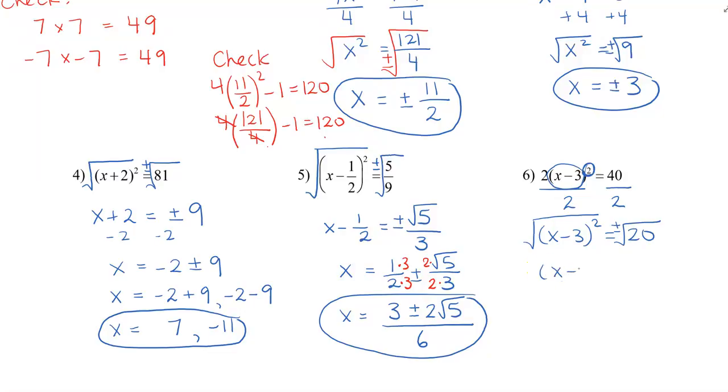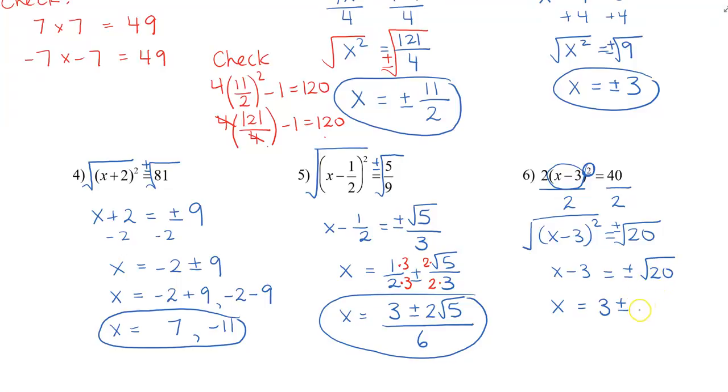So now I have x minus 3. Actually, I don't need the brackets. So I have x minus 3 equals plus or minus square root of 20. Move the 3 to the other side, so I have x equals 3 plus or minus. Now I can simplify square root of 20.